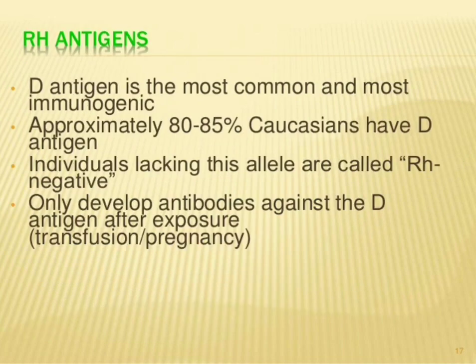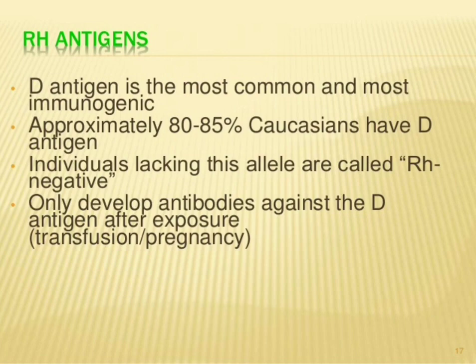Now, the Rh antigen, D antigen, is the most common and the most immunogenic antigen, which may cause transfusion reaction. Approximately 80 to 85% of the people have D antigen.